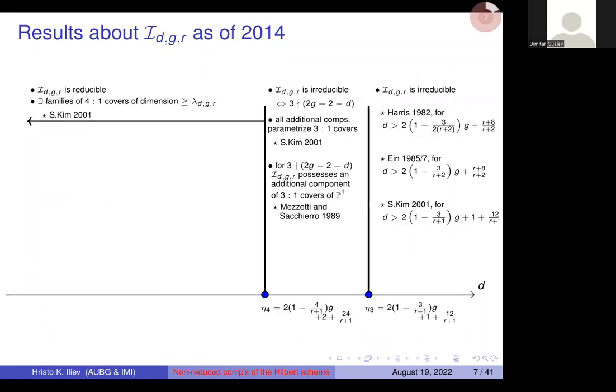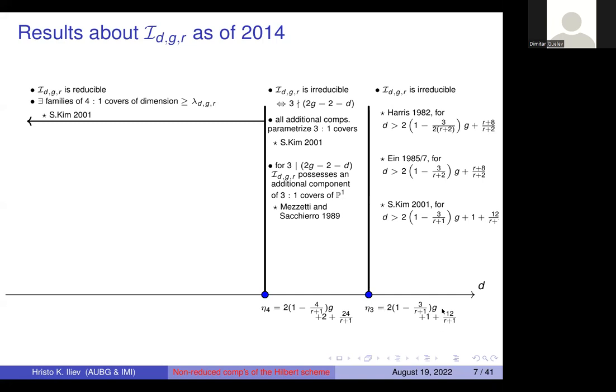So I can summarize the known results as of 2013, 2014, as on this picture here. I believe that I have shown this picture at our seminar some years ago. Essentially, they summarize the results that I mentioned already, plus some additional results.